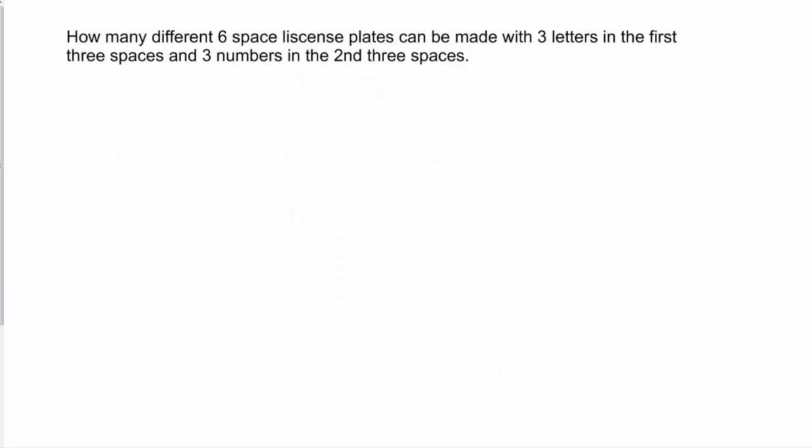If I want to find out how many different 6-space license plates can be made with 3 letters in the first spaces and 3 numbers in the second 3 spaces, then I have 6 different events happening. The first event is for the first space, and I can only choose between letters. So I have 26 different letters to choose from in that first spot.